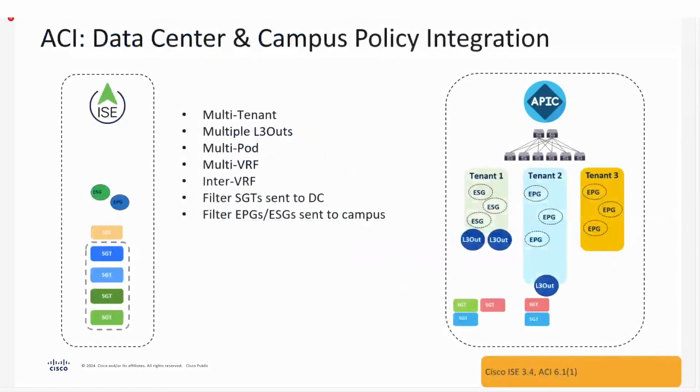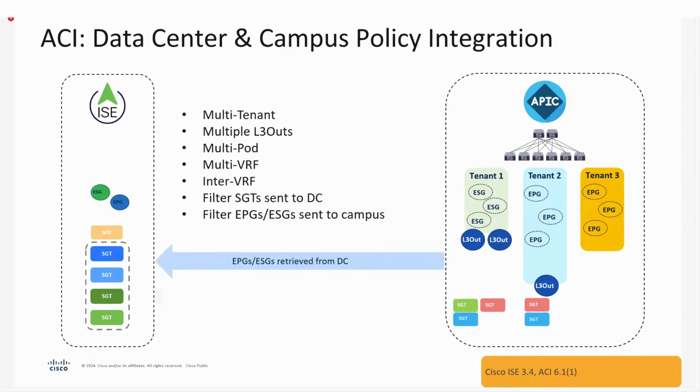Now, sticking with the ACI, you can see here down at the bottom right, if you use ICE 3.4 and ACI 6.11, we're going to be able to have a multi-tenant, multiple L3 outs, multiple VRF, multiple anything to ICE, so that we can translate the EPGs and ESGs that we receive from the data center, and we can deploy those SGTs back to those data centers so that we are controlling all of your policy right from ICE.